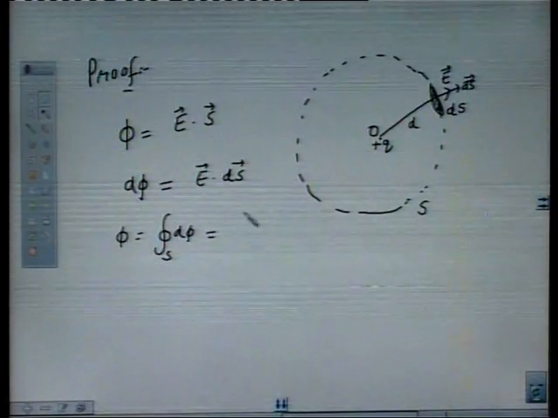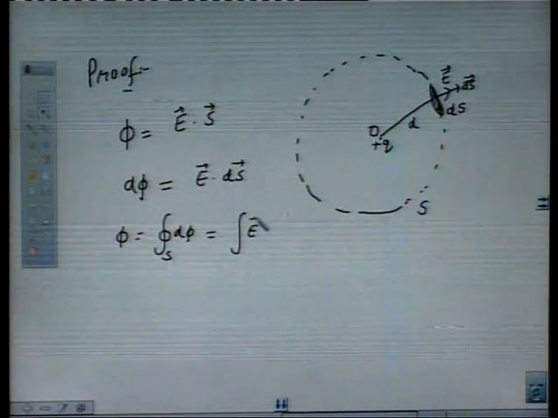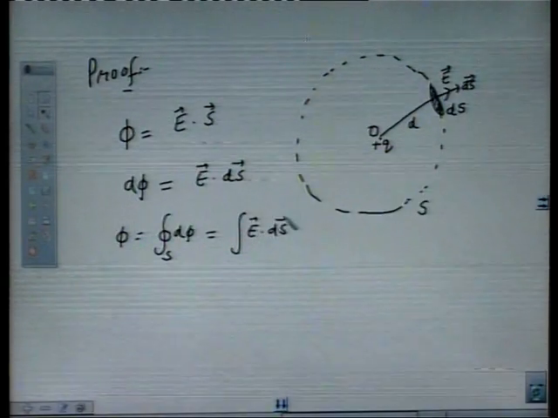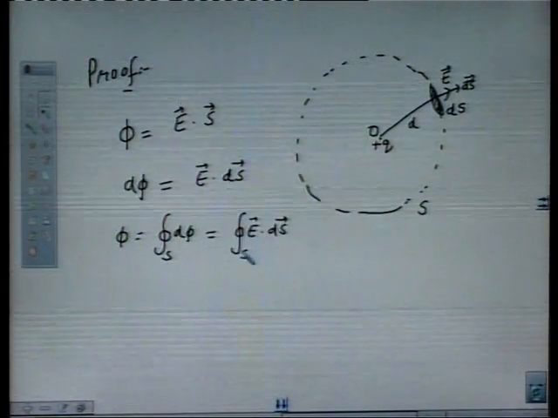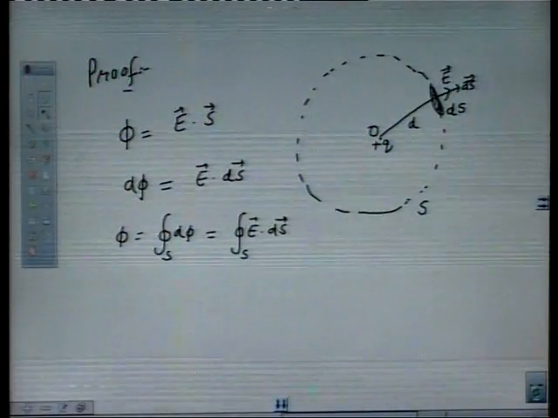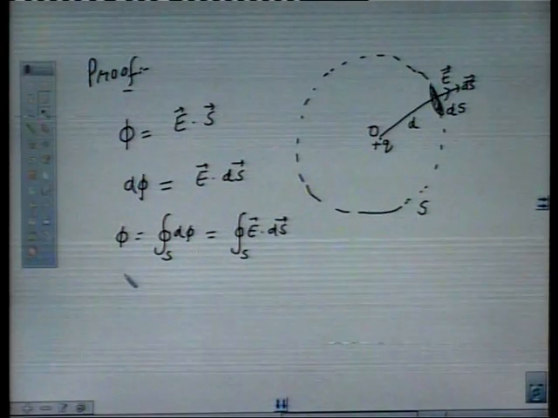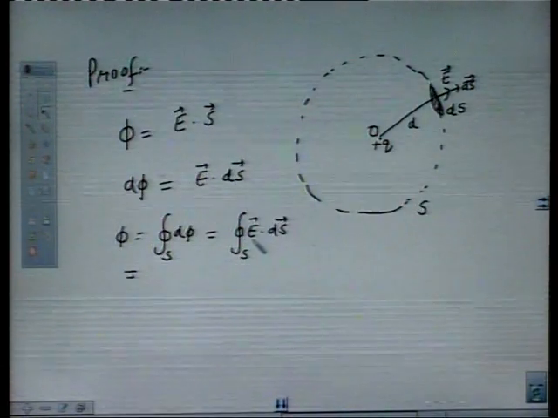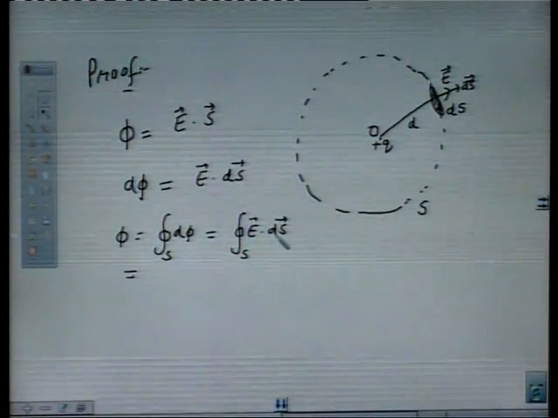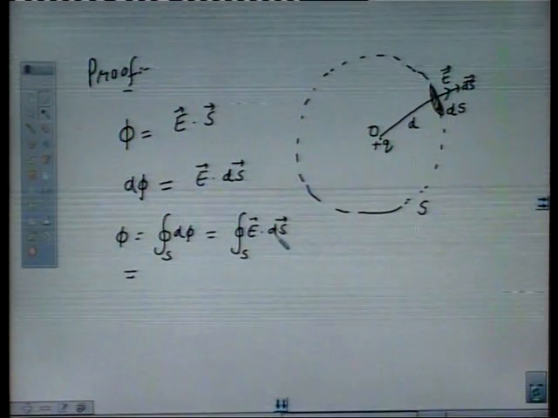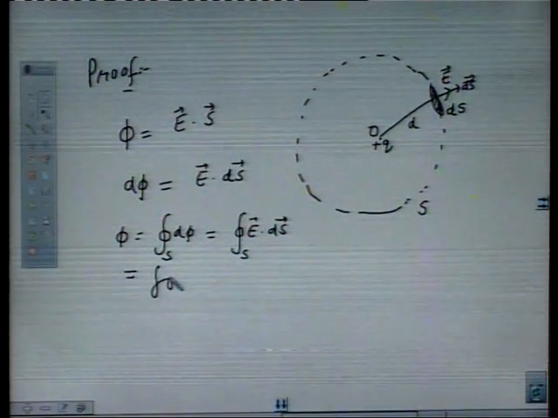So, we get the integral of E vector dot ds vector over the closed surface S. Now, E vector and ds vector are along the same direction, so the angle between them is 0.